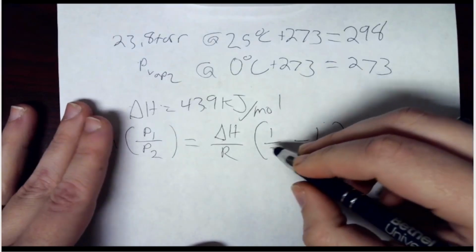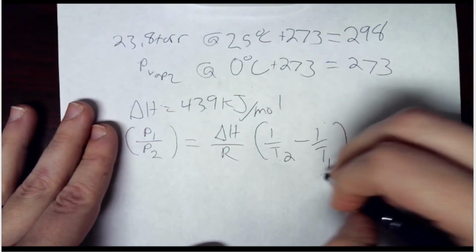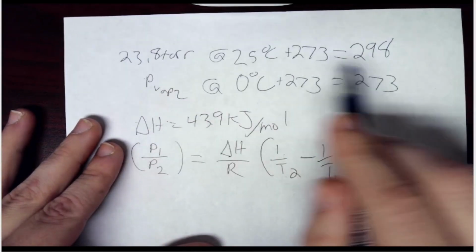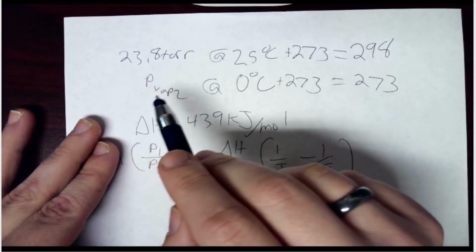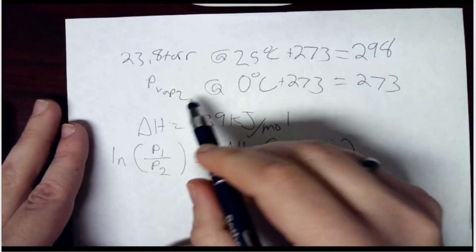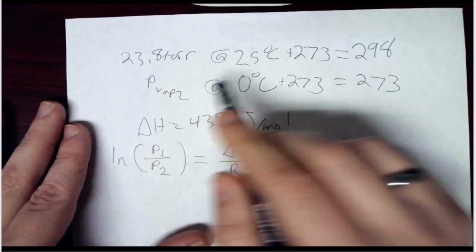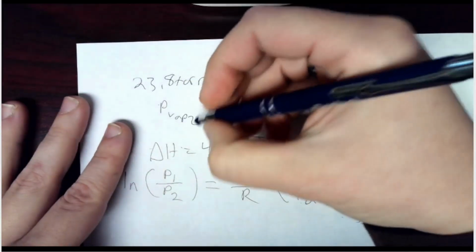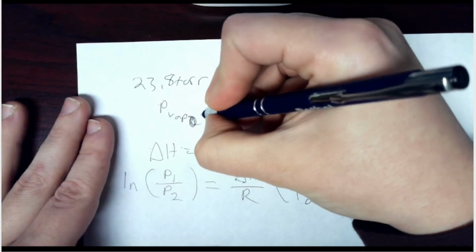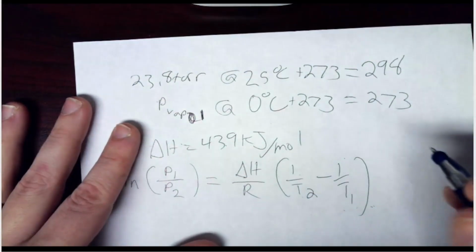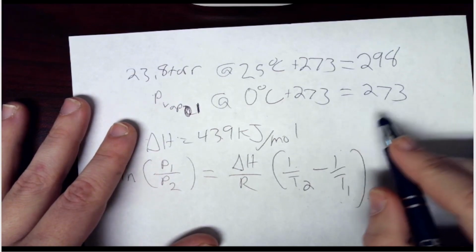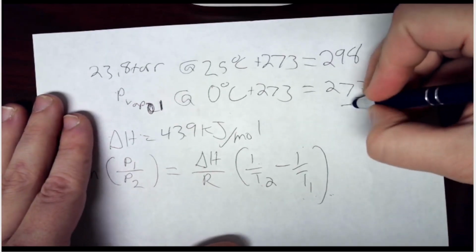Now, it does not matter which one you call T1 and which one you call T2, as long as you link them together. The known, what I want, is linked with that. I'm going to call that P1, and you'll see why in a minute. But you could absolutely solve it either way. So if this is P1, this is T1.